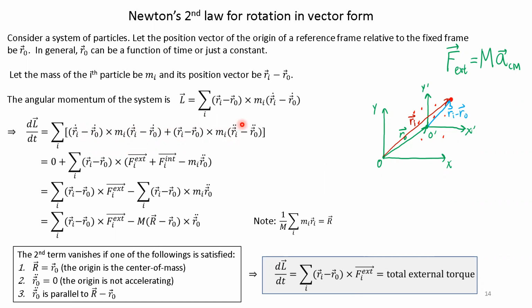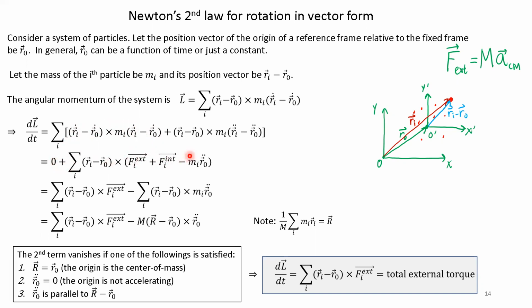So now here you can see that I have written down some terms in terms of external force and internal force. First of all, if you just look at this first term here, you notice that this is 0. Because this vector is identical to this vector, and the vector cross product with itself, of course, is 0. So this first term is 0, so I write it here.